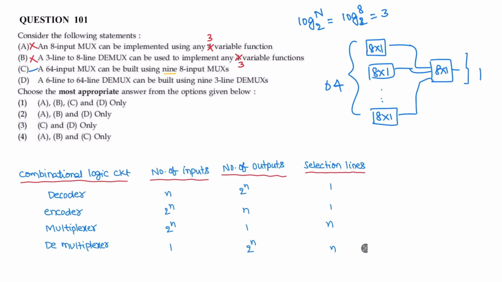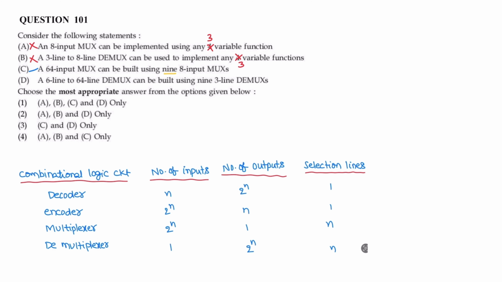So in stage 1 there are 8 multiplexers, and in stage 2 one 8 by 1 multiplexer. So the total number of multiplexers required is 9. To implement a 64 by 1 multiplexer, 9 8:1 multiplexers are required. Statement C is correct.